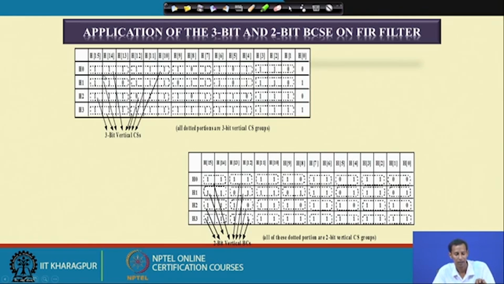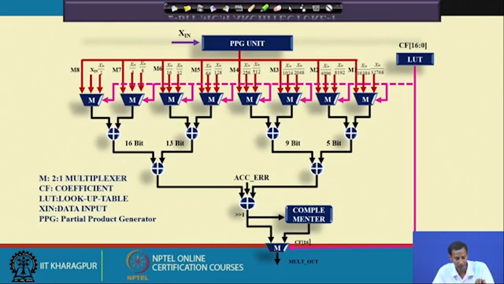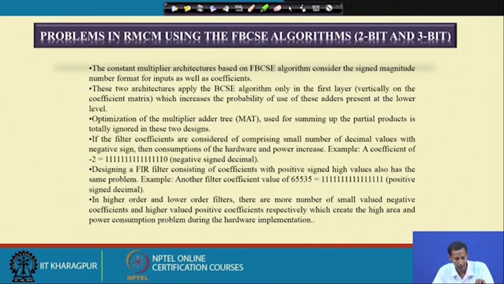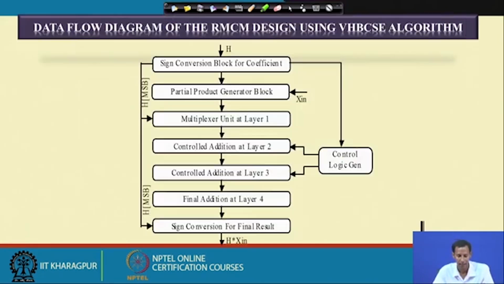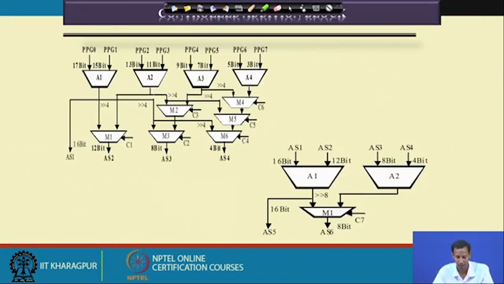Now, among these horizontal directions, that means between each of these coefficients, if I find another common sub expression, at that time I can reduce the number more by another 1 if I consider this 8 bit coefficient.